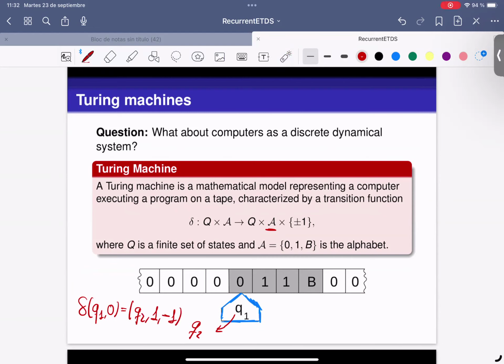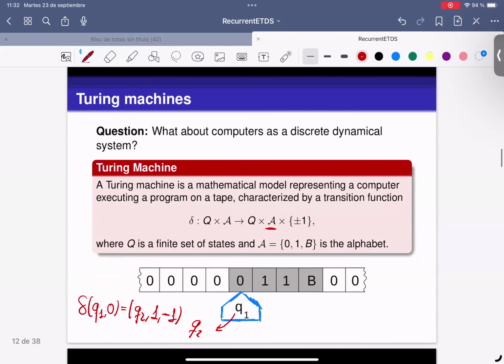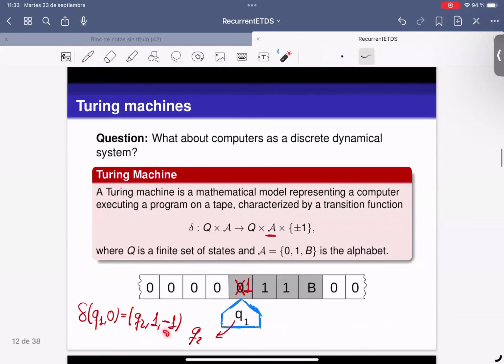Q2 means that I'm transitioning to state Q2. 1 means that I'm going to replace this symbol by a 1. And -1 means that I'm shifting to the left. So now the head will be here, and the next symbol to be read is this one.